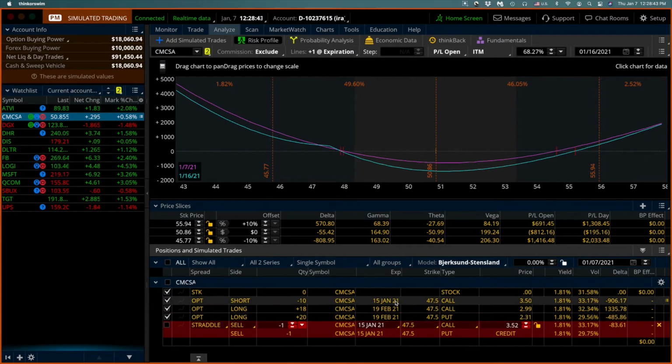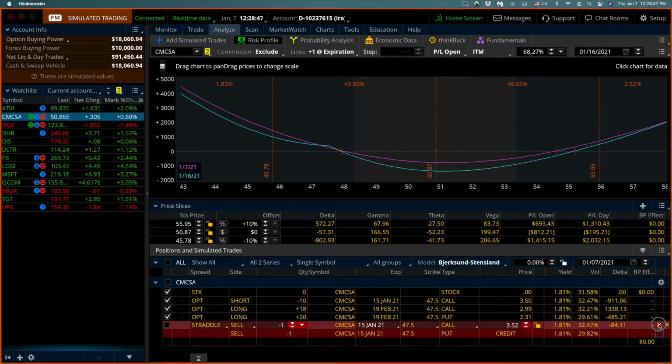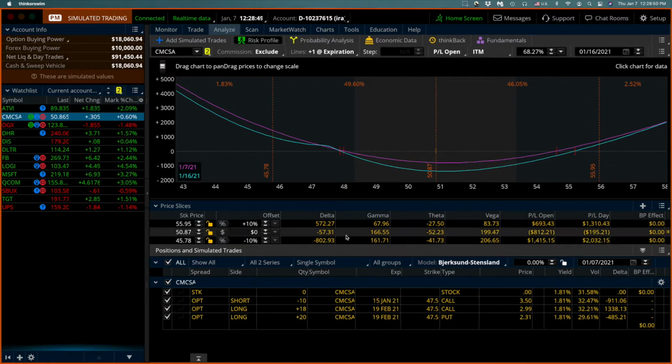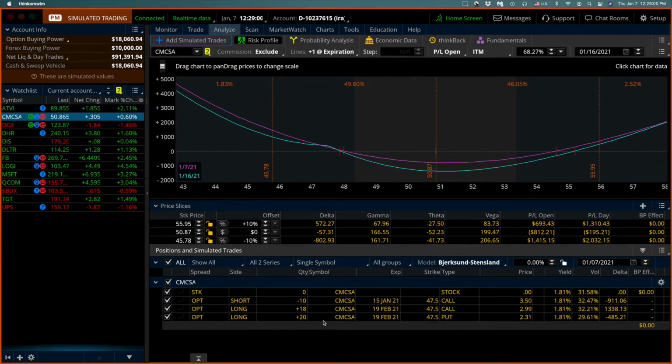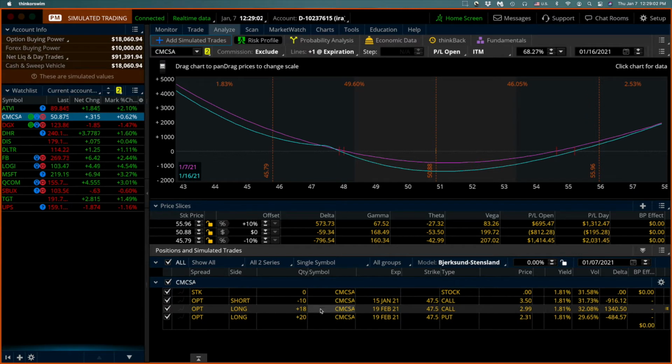Okay, here January 15th is the expiration. Is delta negative? The stock is rallying rather strongly here. I think it's going to go to the top. We can sell puts right now.